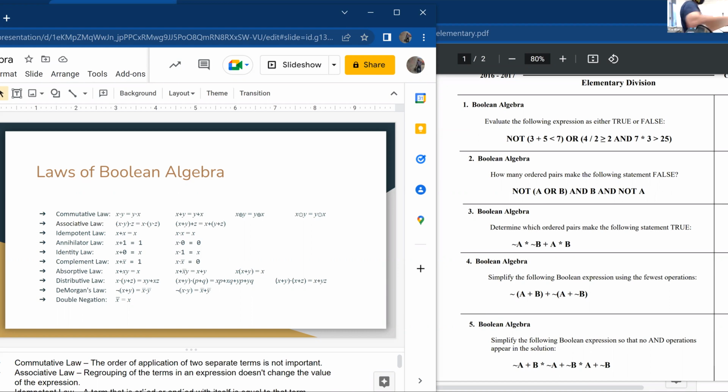Yeah, I think this actually could also be simplified, but it might be easier to do it with the truth table. Right, this could probably be simplified. Well, this is asking you to simplify.